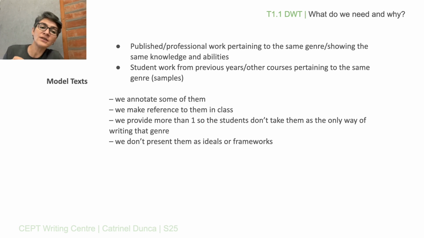So the important thing that model texts do is to provide inspiration, to show the students what the final output should look like and to get them to see what the options are. What's the play that is allowed to them, so that the writing doesn't feel very, very regimented, because every type of writing will not be template based, right? These are model texts for us, and sometimes it's useful to talk to people who have some experience annotating them before we give them to the students.